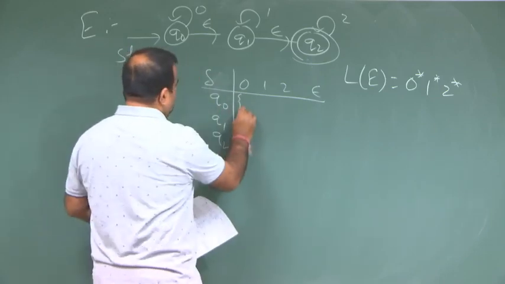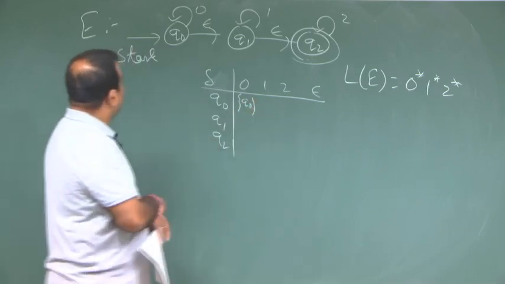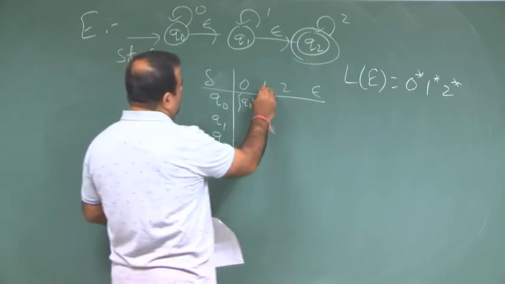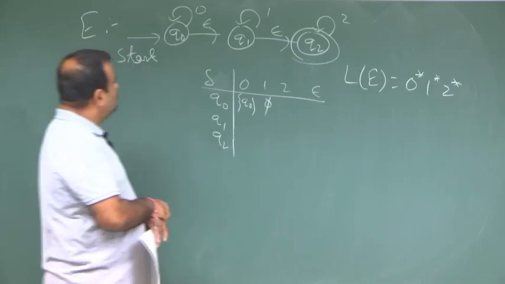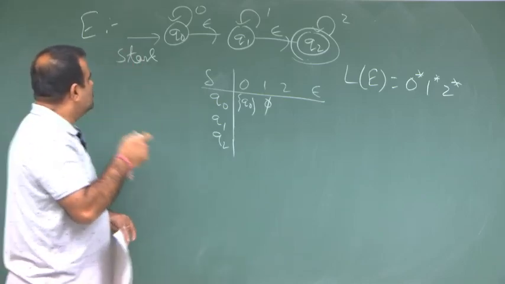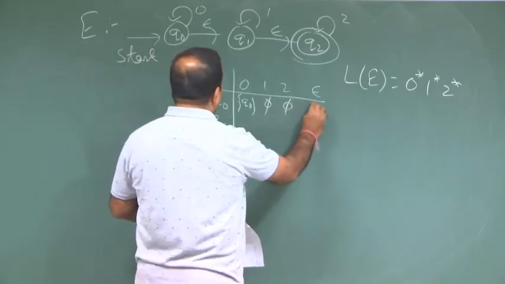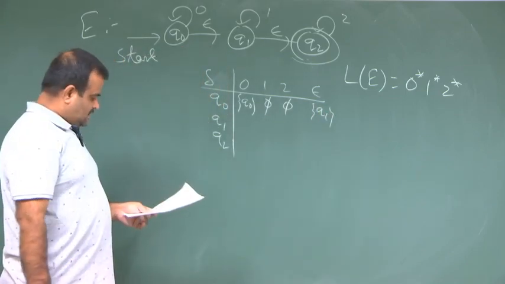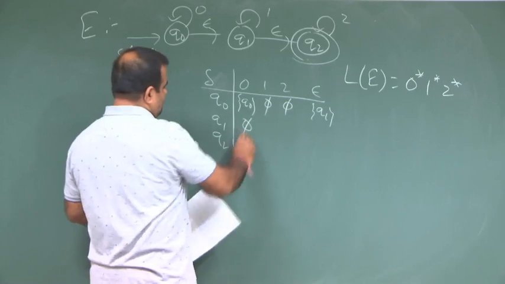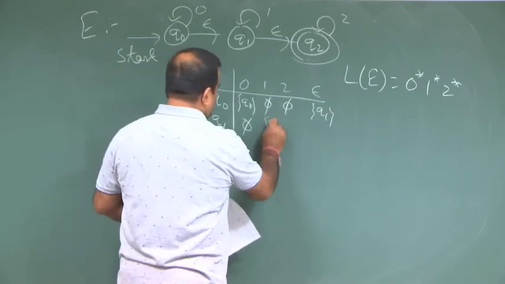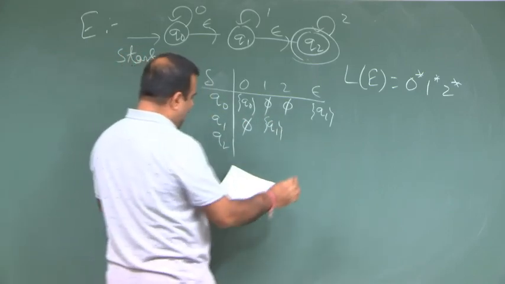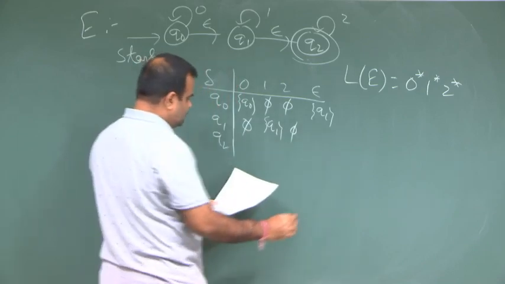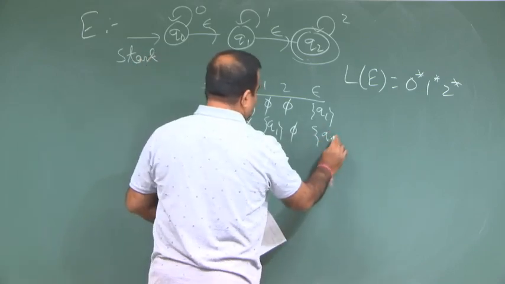Now, from q 0 with 0 we have q 0, from q 0 there is no move for 1 and 2, but there is a move for epsilon, the null string, to q 1. Similarly, from q 1 with 0 it is empty, with 1 it is q 1, with 2 it is empty, and with epsilon it goes to q 2.